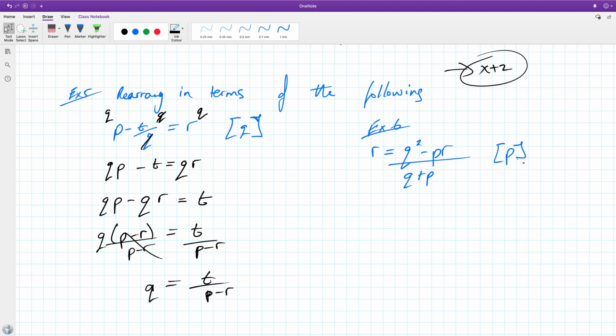Get rid of your fraction. Get P on its own: move all the P's to one side, everything else to the other.